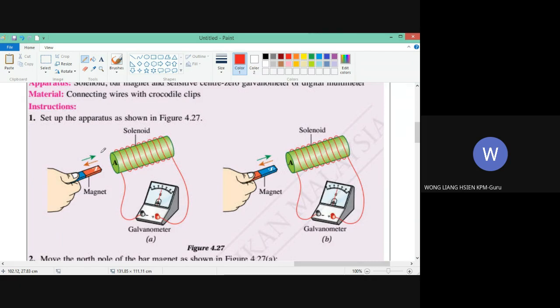So they will produce a repulsive force. It will repel. That means the magnetic field from the induced current goes against the movement that wants to produce the induced current. Get the idea?